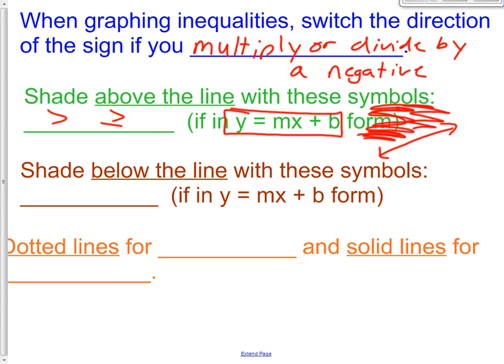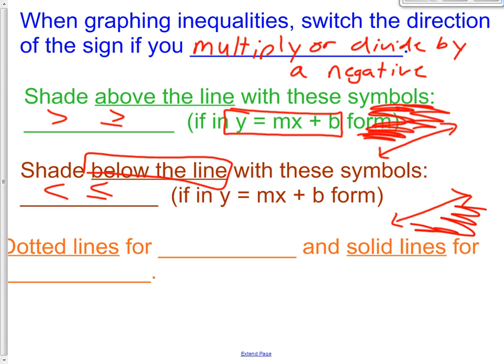If it's in standard form or point slope form, change it to slope intercept form so you can use this easy way of shading. In the same way, if it's less than or equal to, then you would shade below the line. So if you get a line that looks like this, and it's less than or equal to, you're going to shade below the line like this.